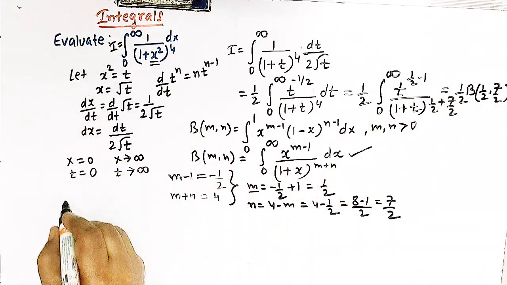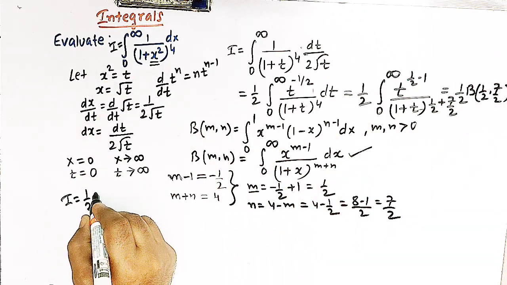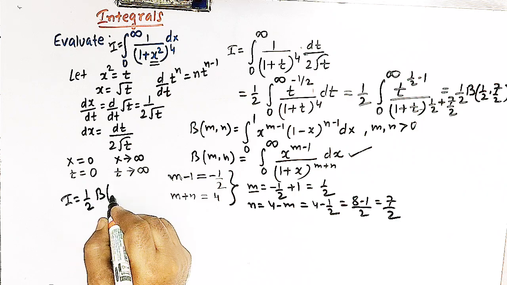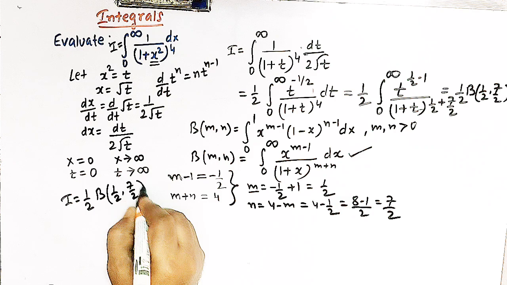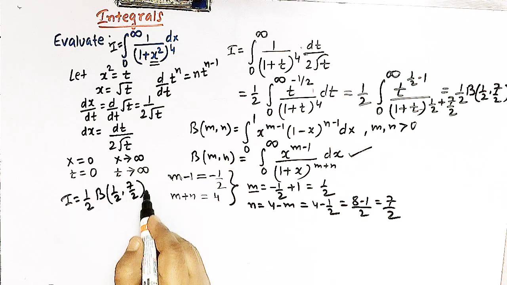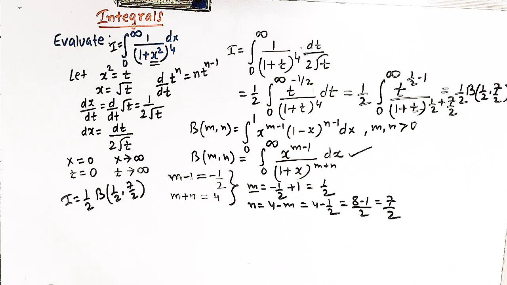So now the value of our integral I is equal to half times the beta function, that is beta of half, and here we have 7 over 2. So now we have to find out the value of this beta function using the relationship between beta function and gamma function.